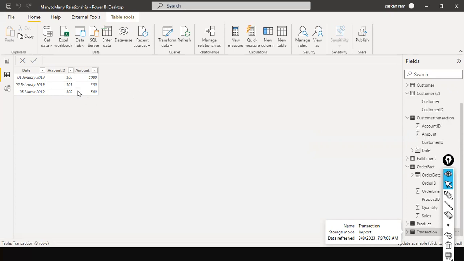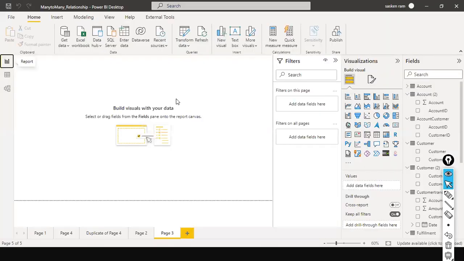And in February, if you see in this date, account ID 101 has a 350 balance. Understood? So now I just go here and create a visual.